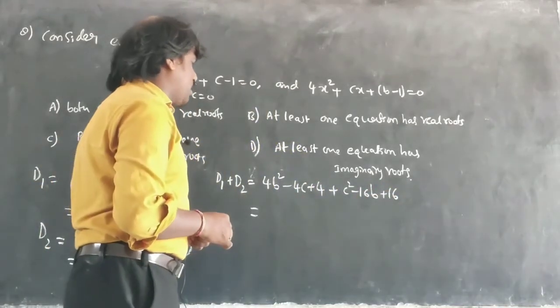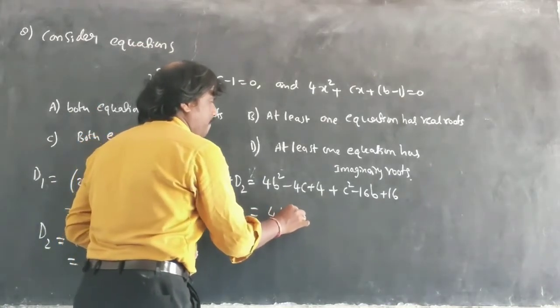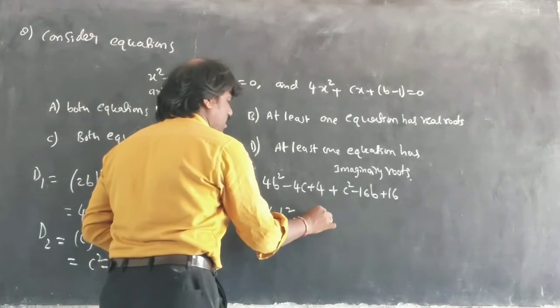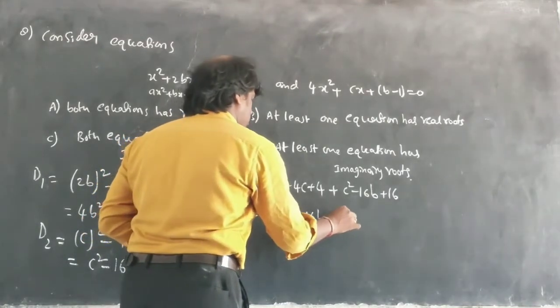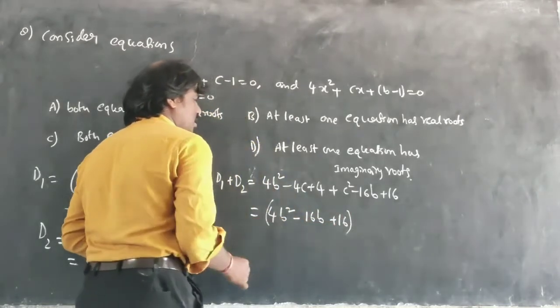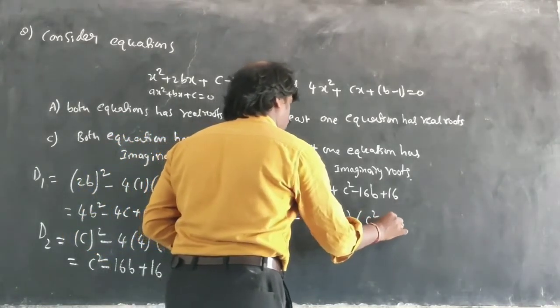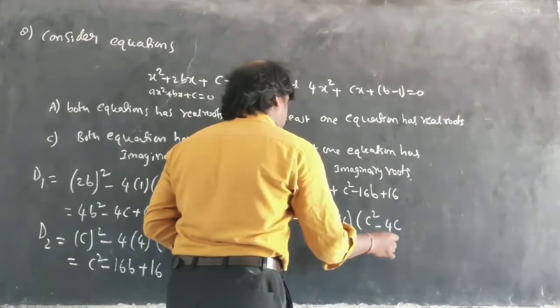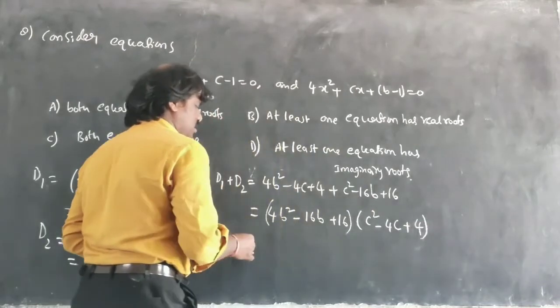Now what I do here, I put all the b's on one side: 4b square minus 16b, and another combination is c square minus 4c plus 4. Let us consider this as one combination.